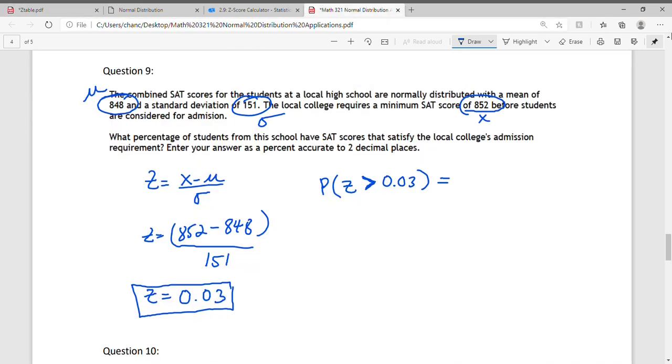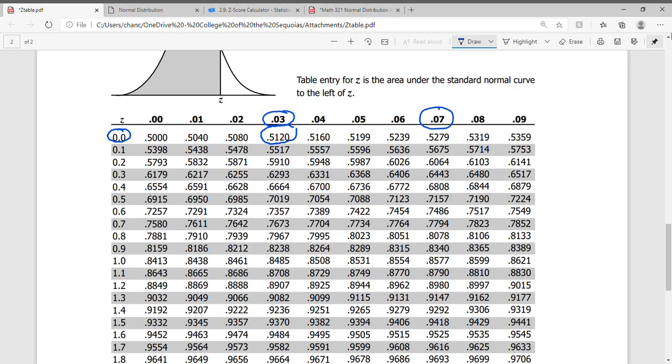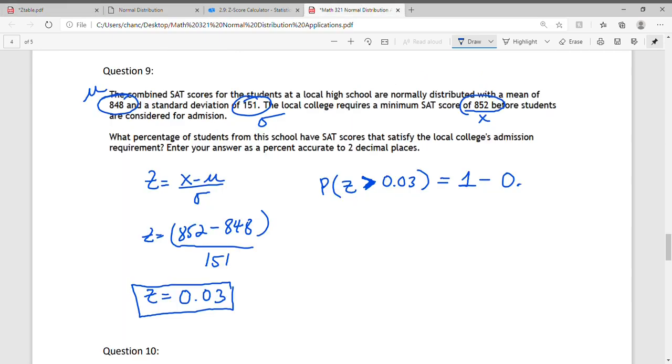Now remember, this is the area to the right, so we'll have to subtract from 1. This is 0.5120. Again, that's 0.5120 because we don't want the area to the left.